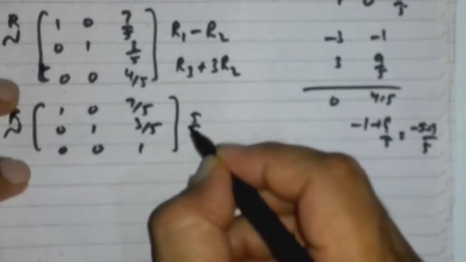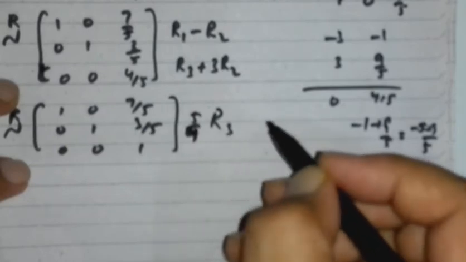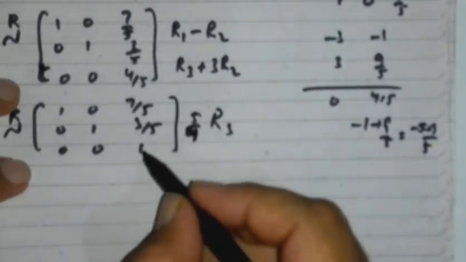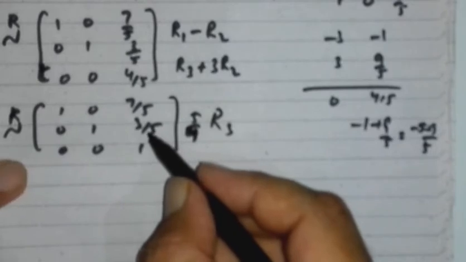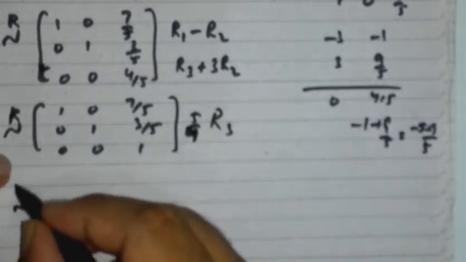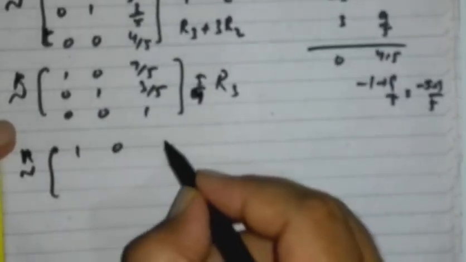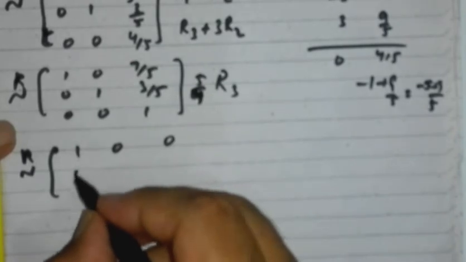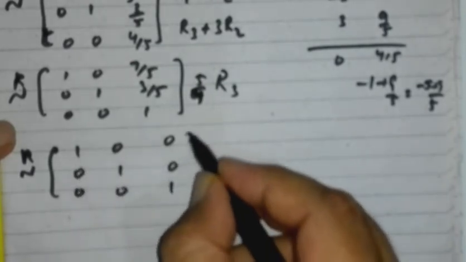By 5 over 4 R3. Now multiply it with 3 over 5 and subtract it from this, we get 0, and 7 over 5, so here we get 0. Row operation, we get 1 0, here 0, and 0 1, here 0, and 0 0 1.